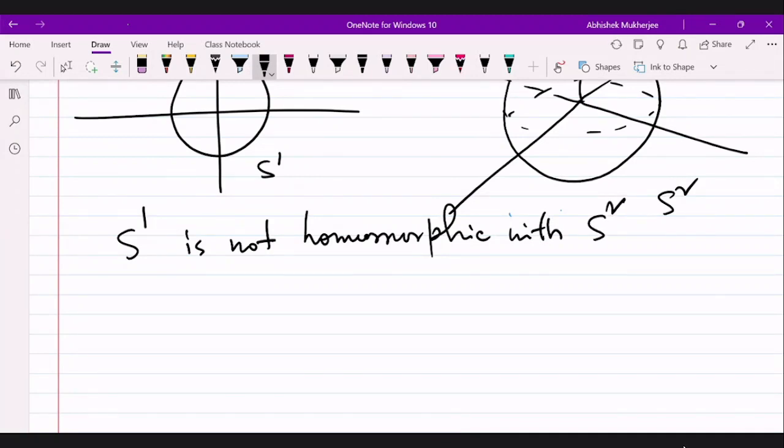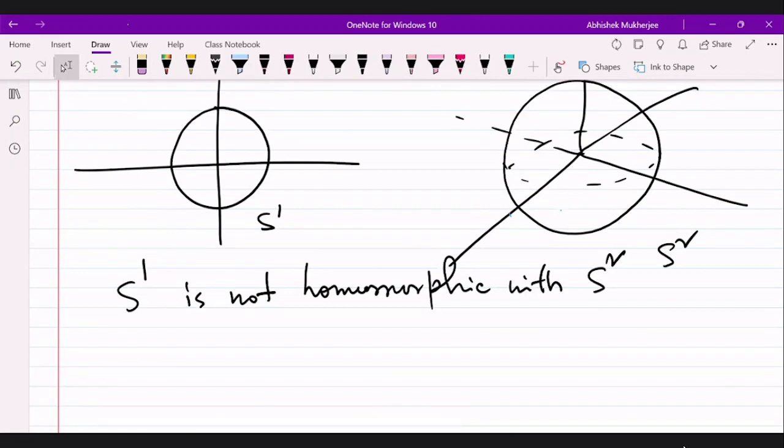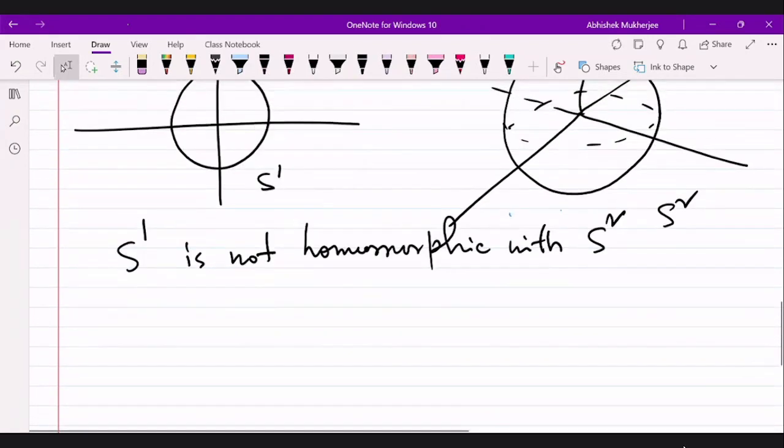Suppose you take out two points from S1, and if you take out two points from S2, then you can make some distinction between S1 and S2. That is, this space will get disconnected, but still S2 will be connected, right?